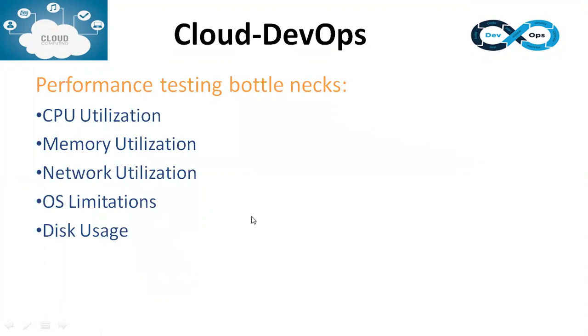Using performance testing, we want to evaluate the CPU utilization. Whenever we deploy an application, we want to measure how it is responding, what the response time is, and how the hosted servers are responding, what their CPU utilization, memory utilization, or network utilization is. Everything we want to evaluate.